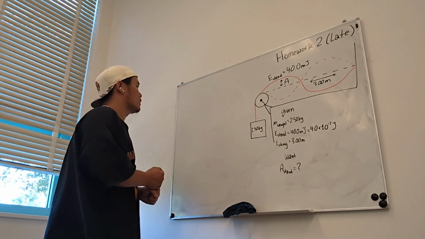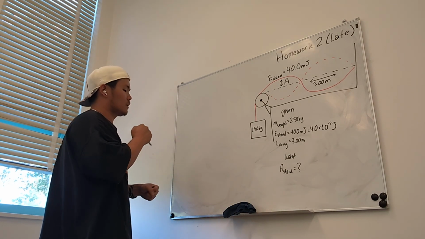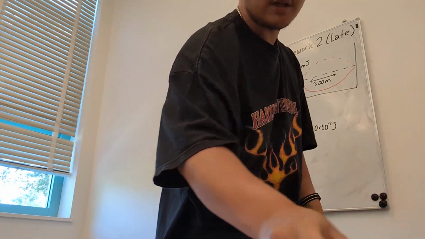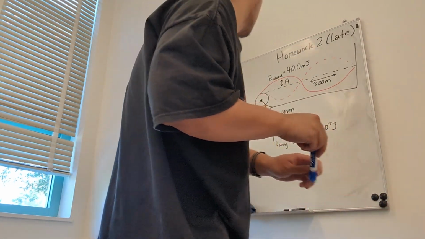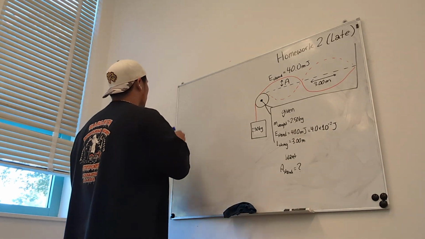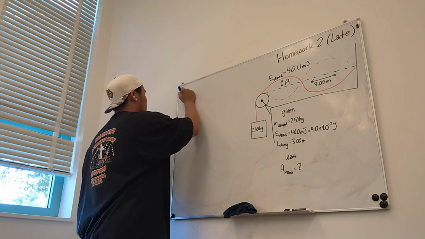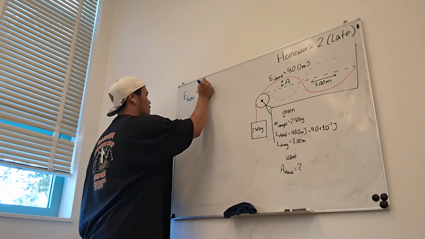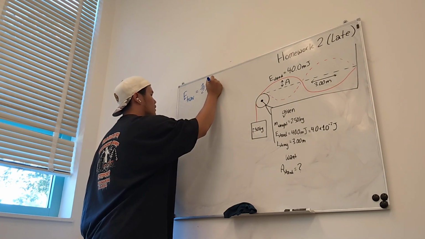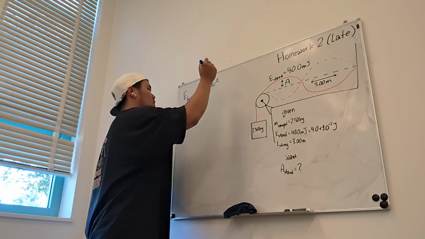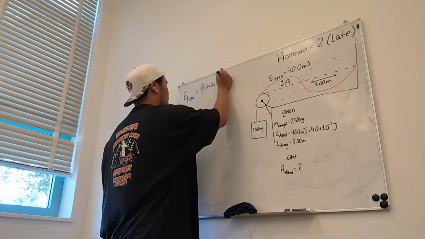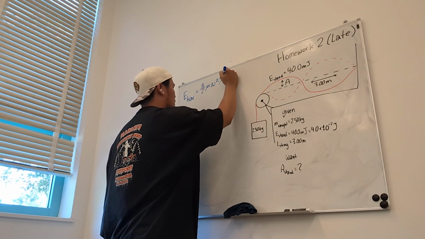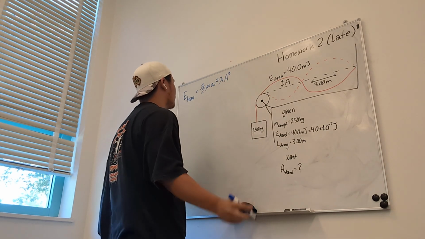This is our amplitude, and what we want is the amplitude of the standing wave. So, first, and most importantly, we need to derive the equation for standing wave. So, let's do blue today. You know the energy of a traveling wave is given by 1 over 2 mu omega squared lambda amplitude squared.